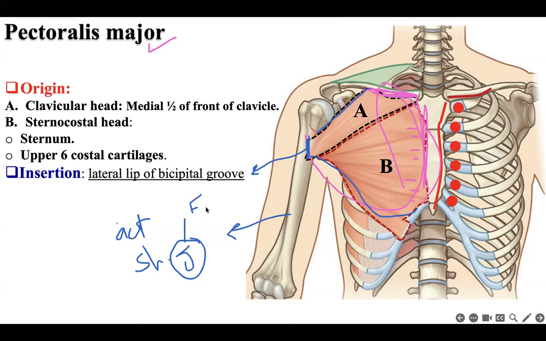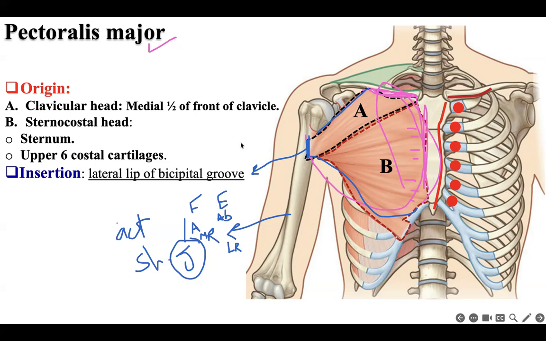Flexion and extension, adduction and abduction, medial rotation and lateral rotation. So this muscle is inserted in the lateral lip of the bicipital groove of the humerus.